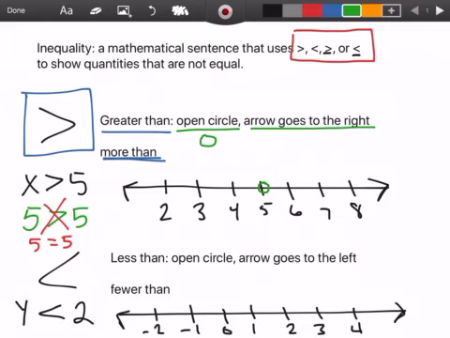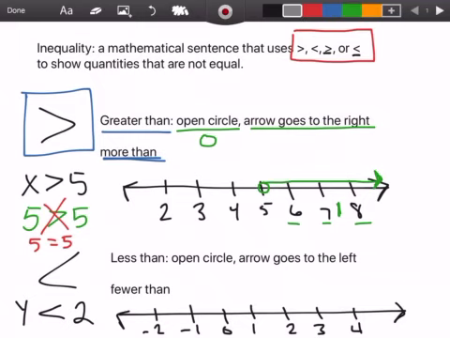Since I'm looking for things greater than 5, I'm going to move to the right towards 6, 7, and 8, and then draw an arrow showing it goes on to the right for infinity. So that is how we're graphing our inequalities. It's a little different from graphing an equation where we just put a single dot. Inequalities are going to show multiple solutions. So x could be 6, it could be 7, it could be 8, it could be 7.5, the number that's right here.